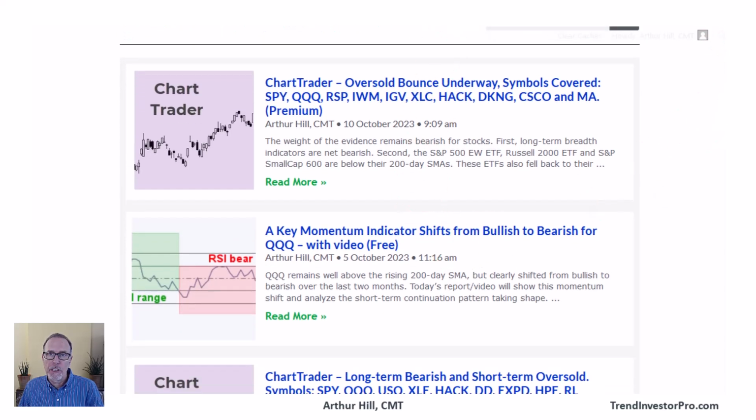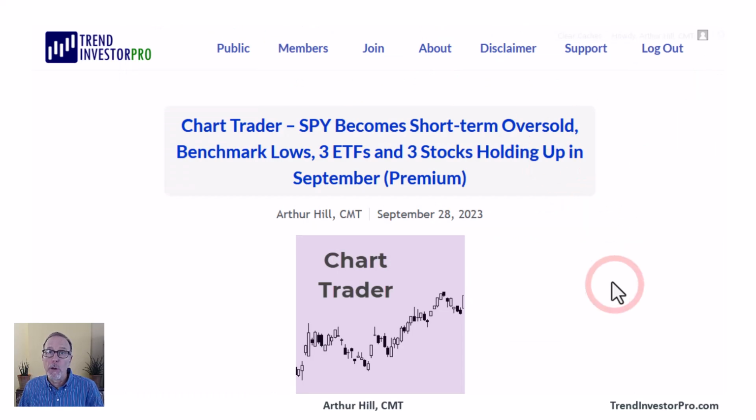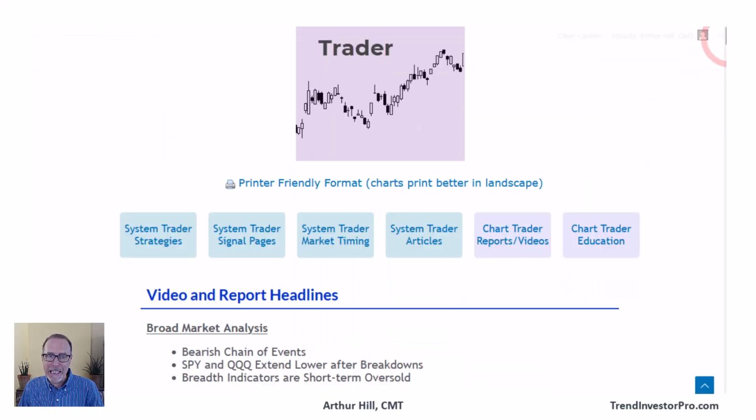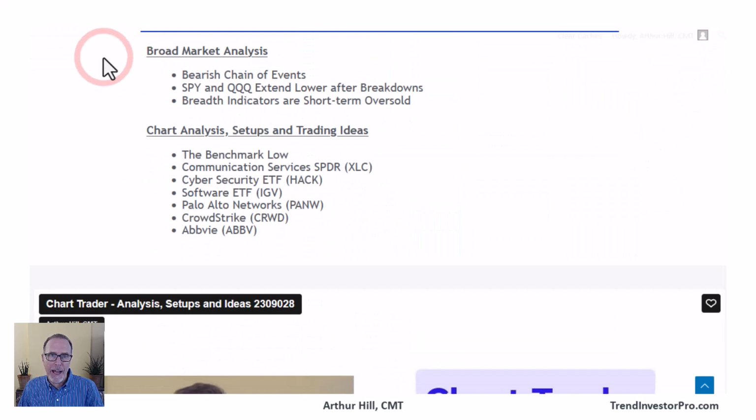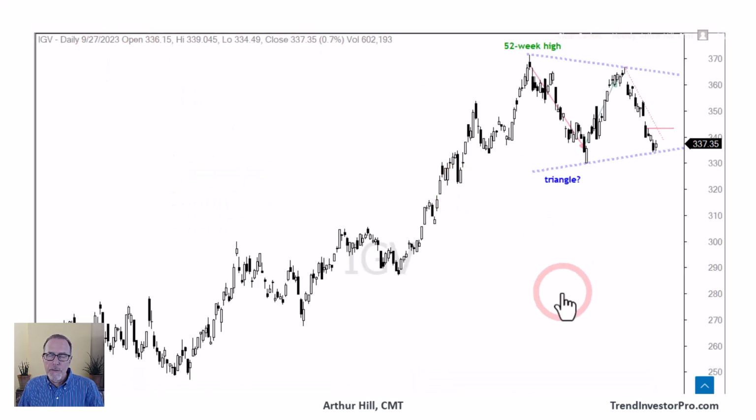And if we go over to the report on September 28th, and I'm going to just scroll down. So here is IGV, and this is what it looked like about 2 weeks ago. You had the downswing, the upswing, and the downswing. And the reason I picked out IGV was it didn't break that September low. So it was showing some relative strength by holding above that September low when SPY and others were breaking down.